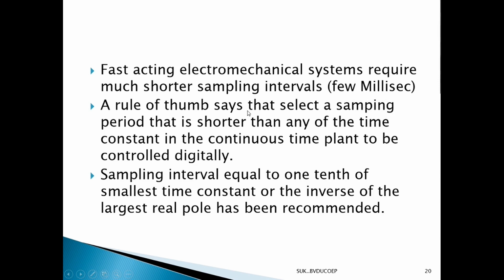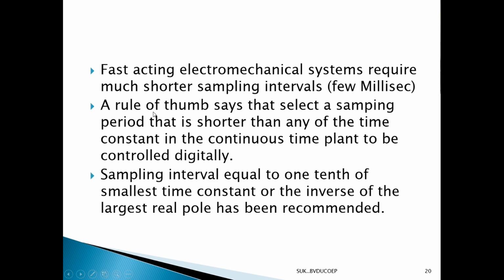A rule of thumb says to select a sampling period that is shorter than any of the time constants in the continuous time plant to be controlled digitally. The time constant of the system decides the frequency of the system, and the sampling period should be less, meaning a higher frequency than that. Is that clear?